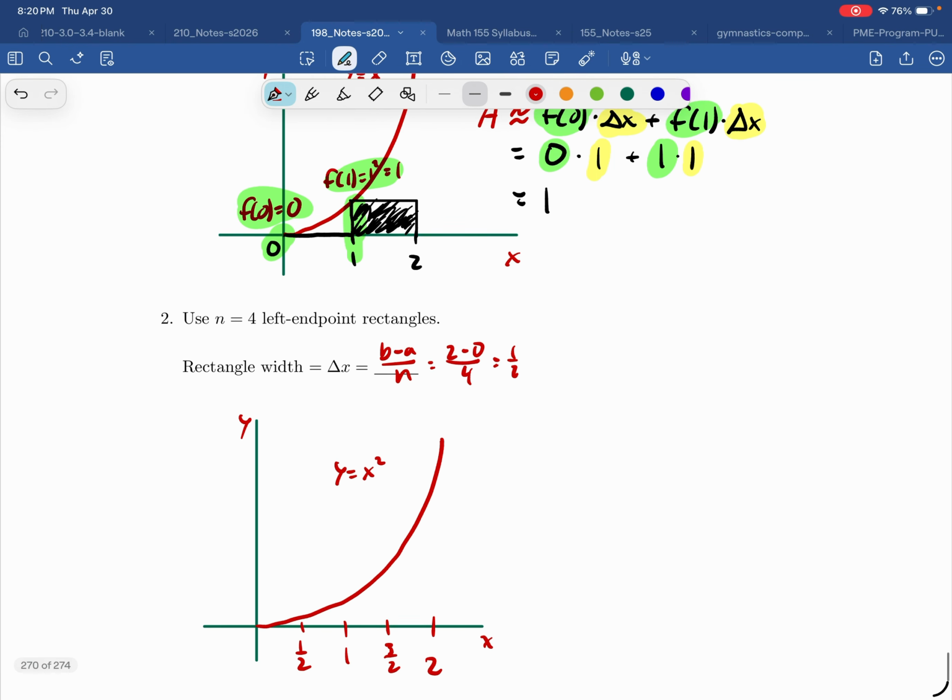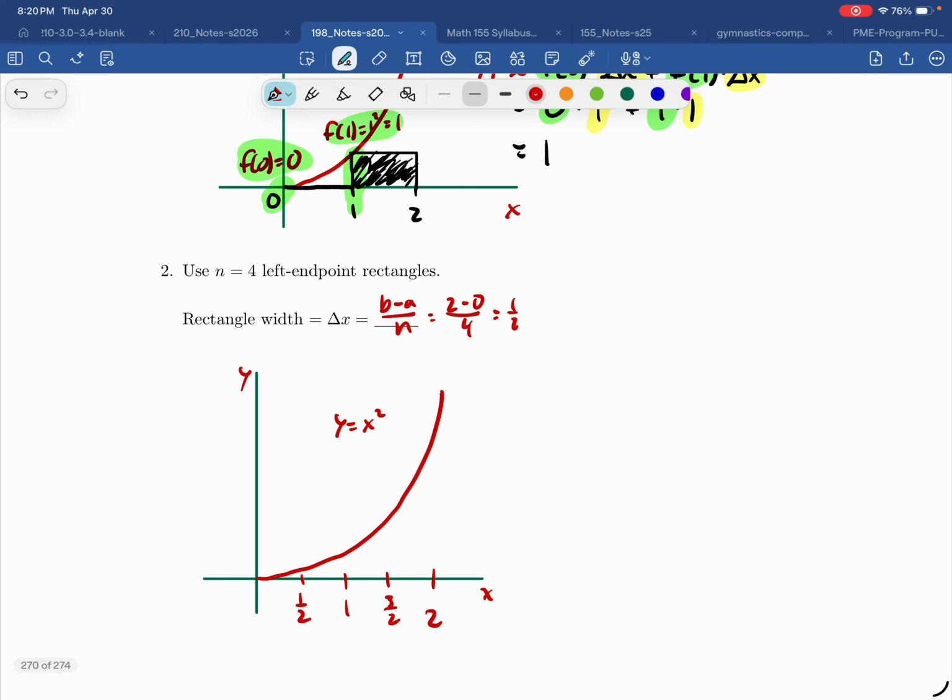Okay. So let's approximate the area under this curve. I'm going to draw it, but you don't need to draw it, I'm just drawing it to illustrate what's going on. First, we have this rectangle. Then we have that rectangle. Then we have that rectangle. And then the fourth rectangle.